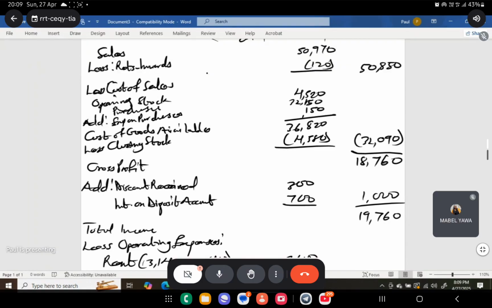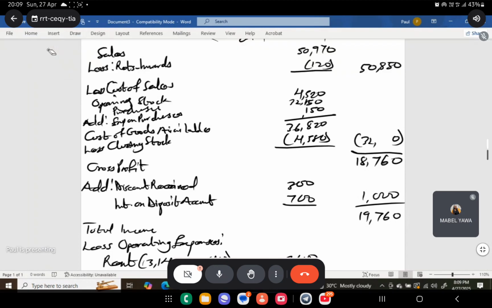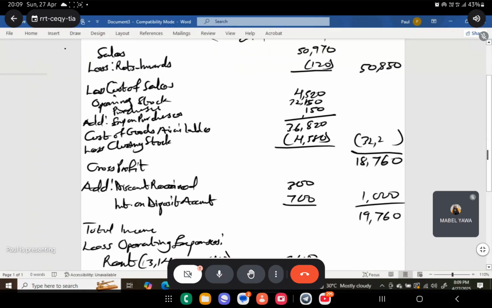Then so 36,820 minus 4,580. So I think our profit has just been overstated. So when we subtract the cost of sales from this, I think these two should be reduced.